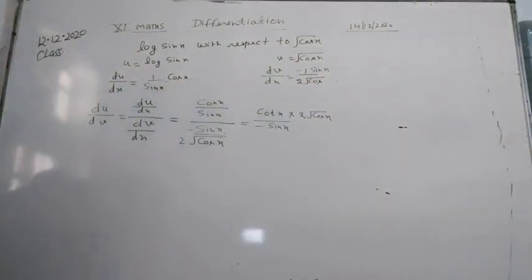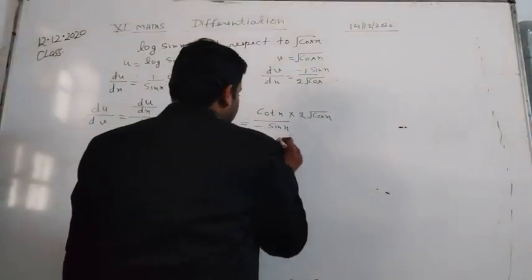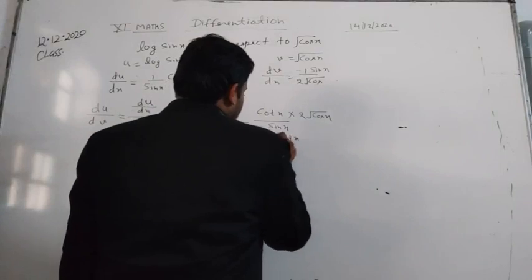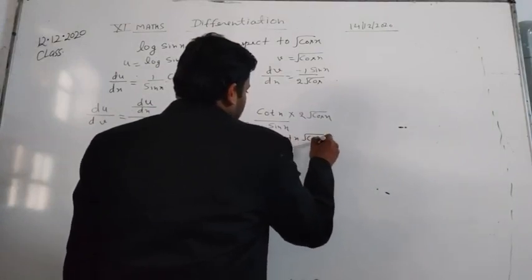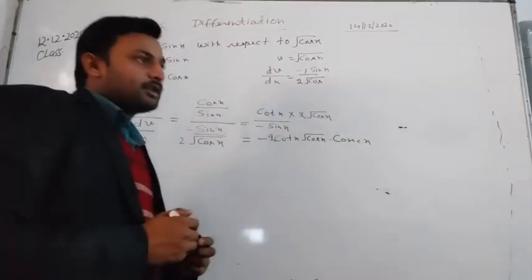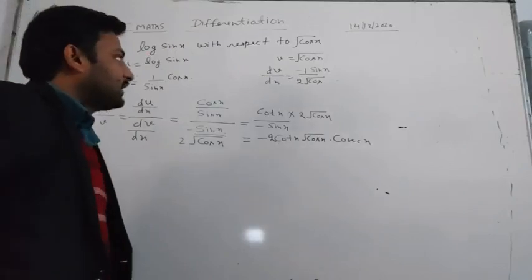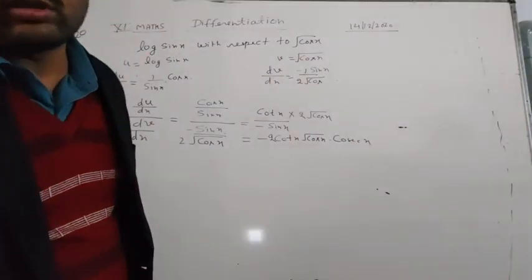Okay. Now this is minus cot x root cos x, and this is cosec x. So this will be the differentiation of the function log sin x with respect to root cos x.